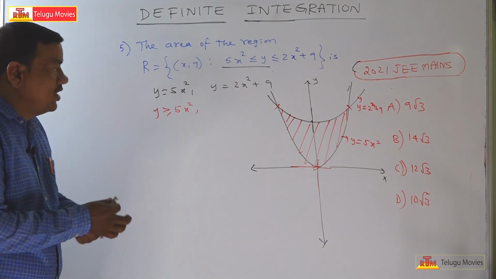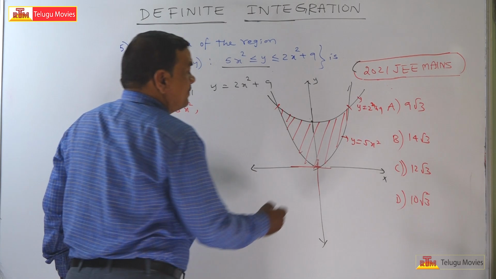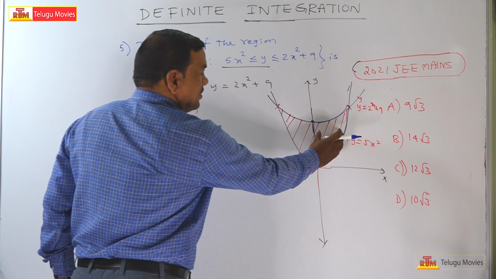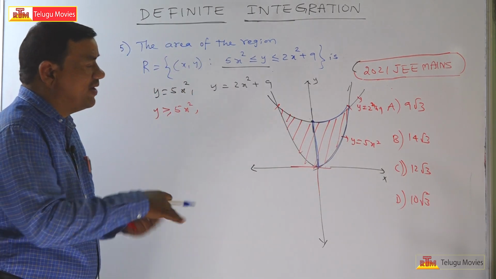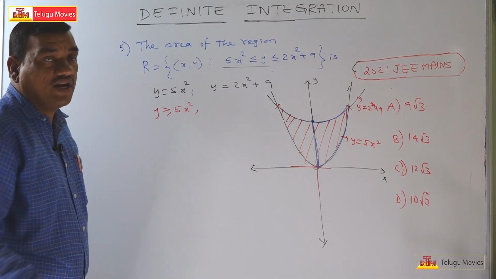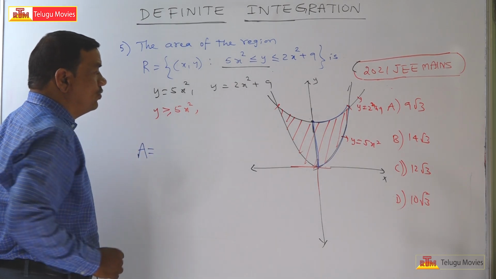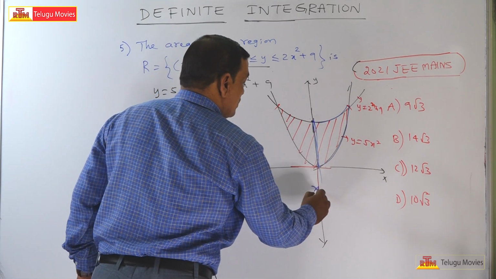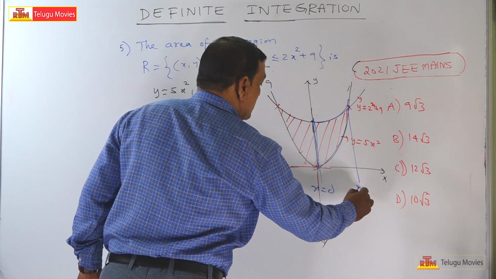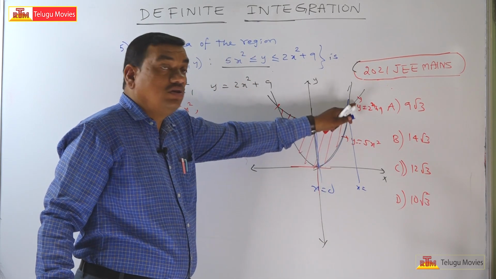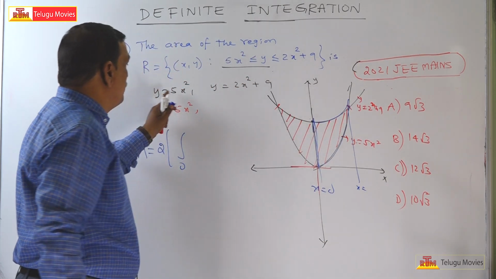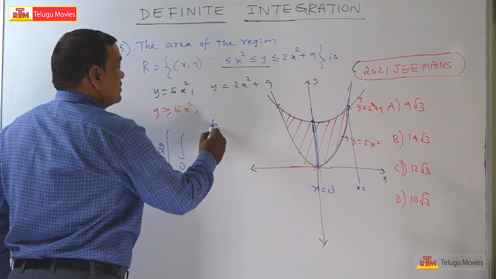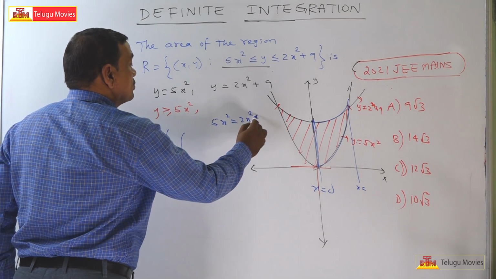Understand this? Okay. So this is a symmetric figure. If you find the area of this part and multiply by 2, you will get the total area. So A is equal to 2 times the integral from x is equal to 0 to, you have to solve these two equations, y is equal to 5x square and y is equal to 2x square plus 9, to get the point of intersection. 5x square is equal to 2x square plus 9.